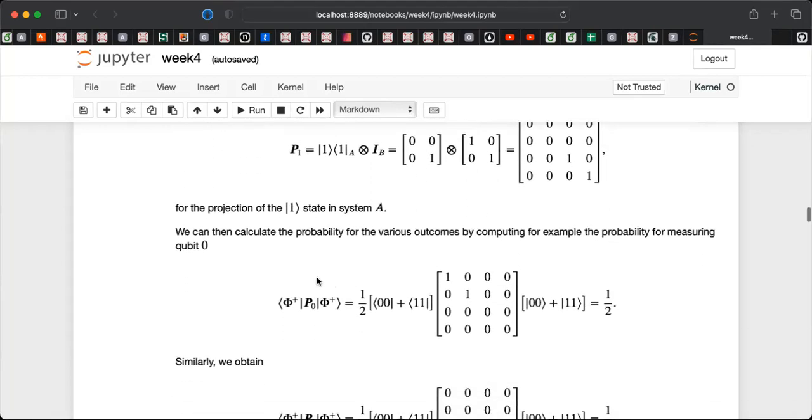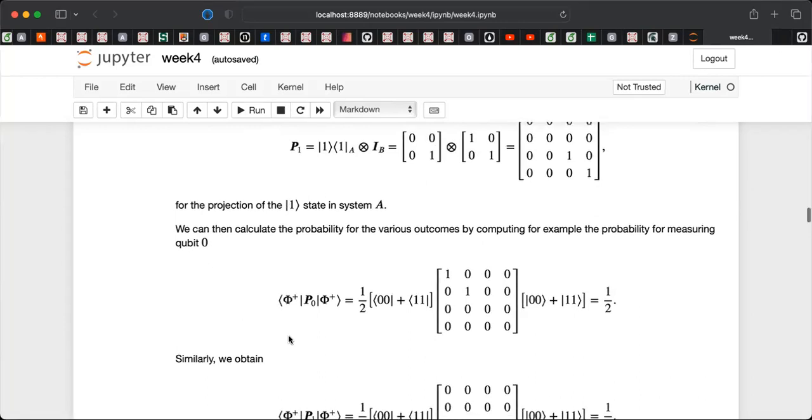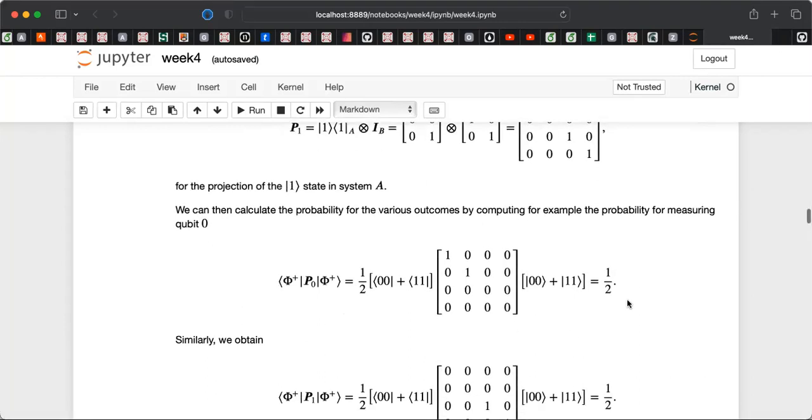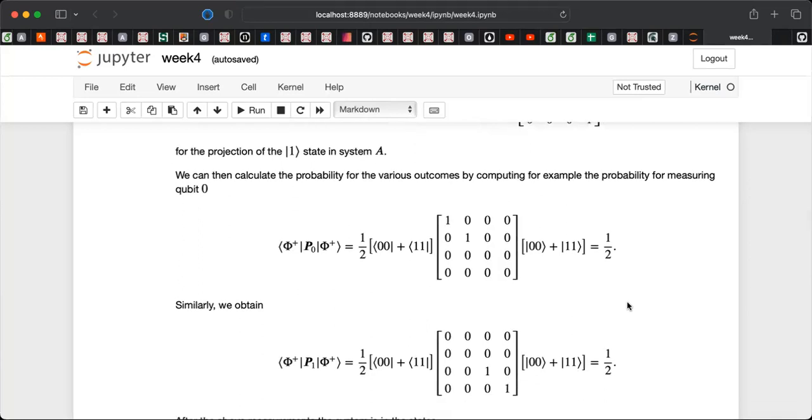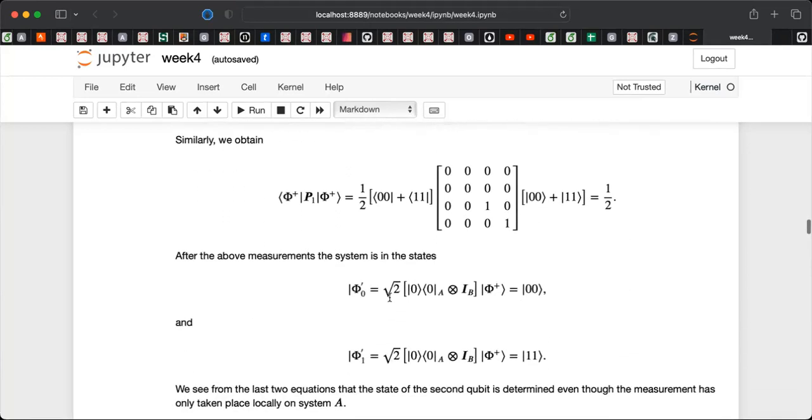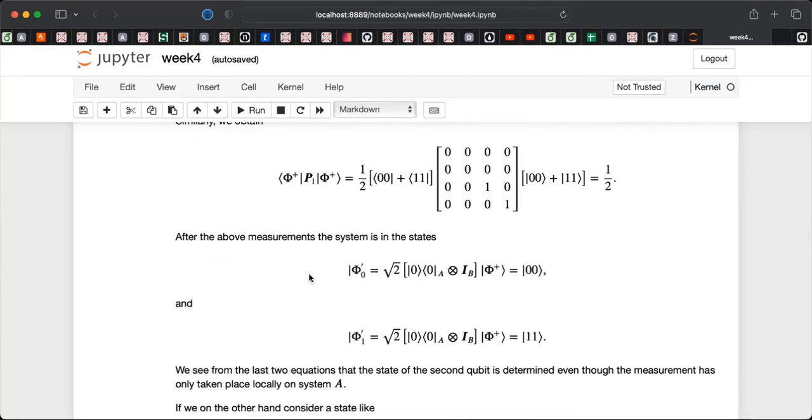And when you perform the operations and you project out one of these qubits, what happens is that you get a probability of a half, as expected. And then you can look at the state after the measurement, and this is the quantity which we are often interested in, particularly later, when we are going to look at how to extract the eigenvalues and eigenvectors of a specific system after a measurement.